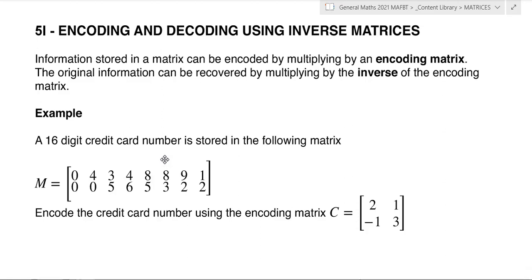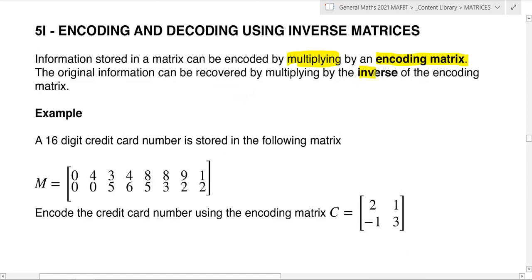Info stored in a matrix can be encoded by multiplying and encoding a matrix. Okay, so some key information there that we need to know is multiplication. It's going to be important, and this encoding a matrix. Okay, the original information can be recovered by multiplying the inverse matrix.